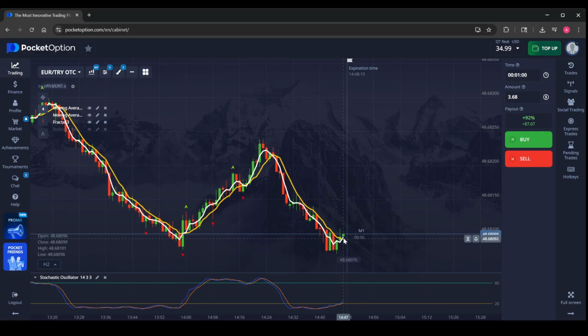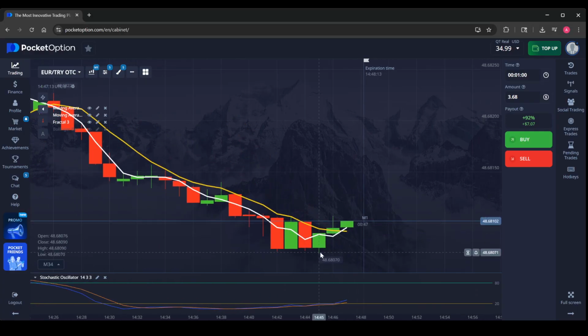This might be an opportunity. So if this closes above with a cross and a fractal prints pointing downward, I will enter this trade.